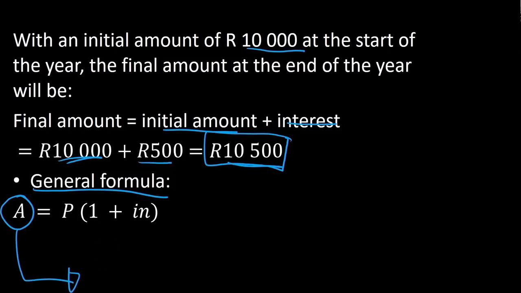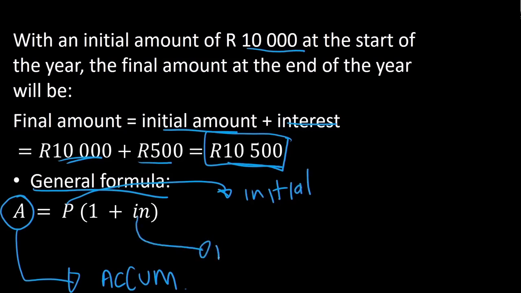A is your final amount, or your accumulated amount. P is the initial amount that you invest. I is your interest rate in decimal form.